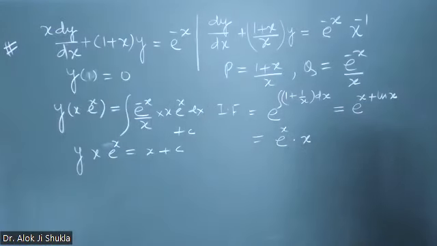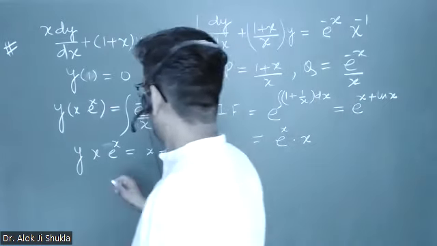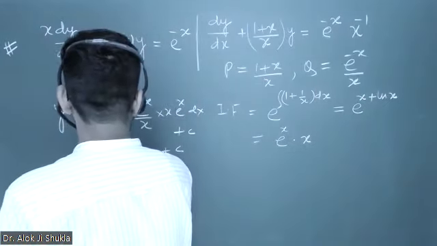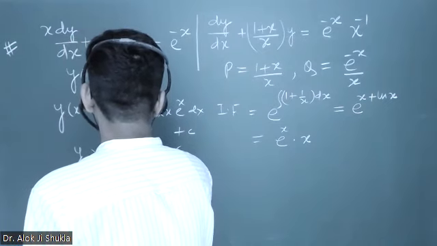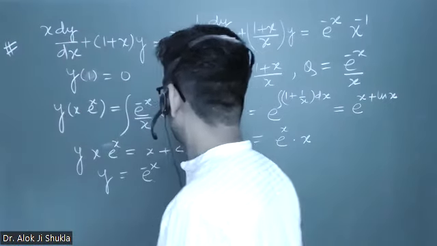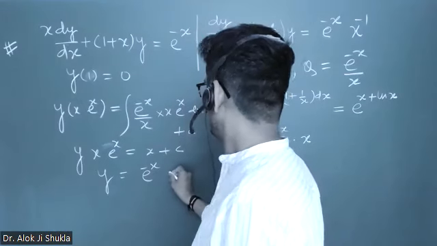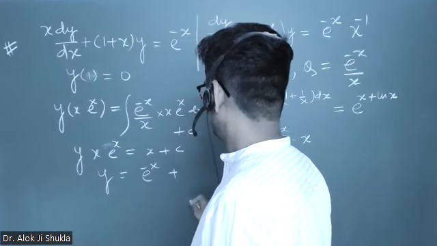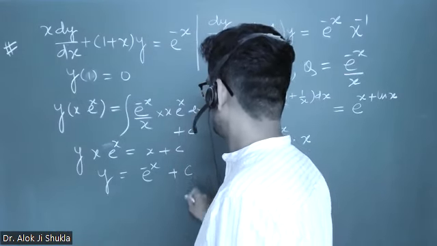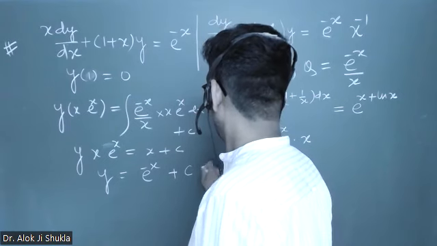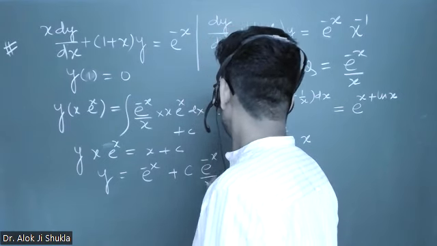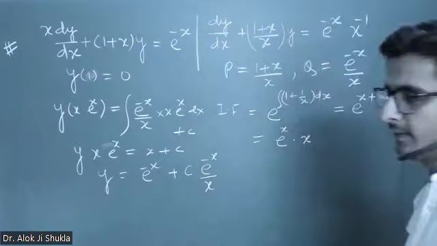This is the solution. So y will be equal to e to the power minus x plus c e to the power minus x upon x. This is the solution.